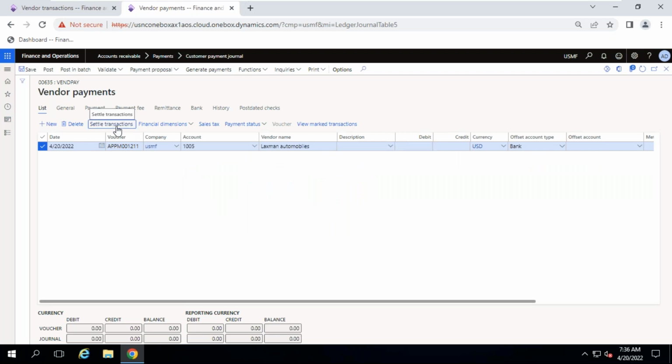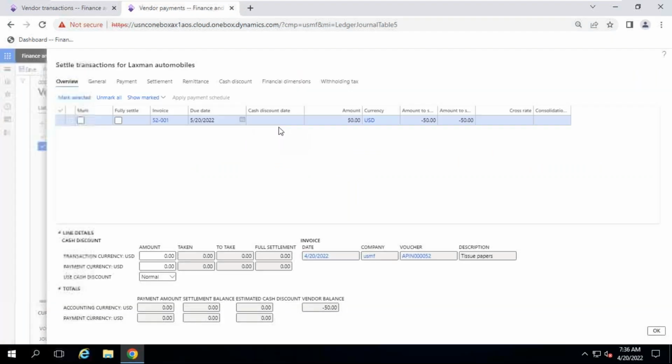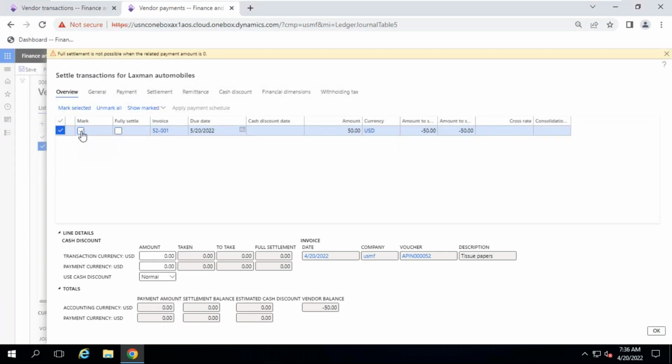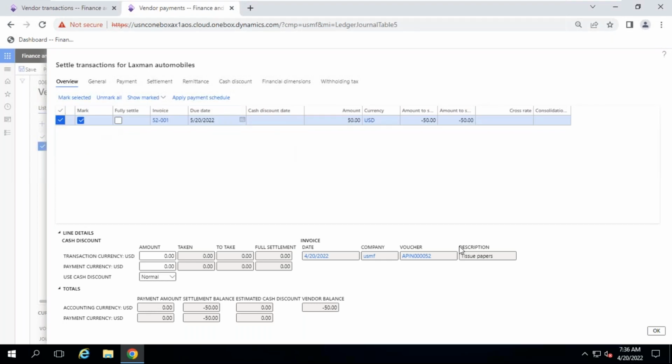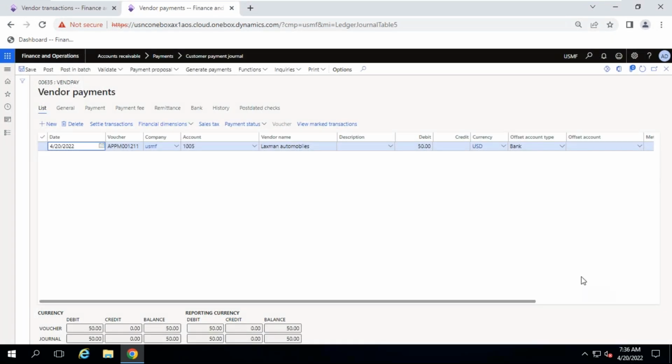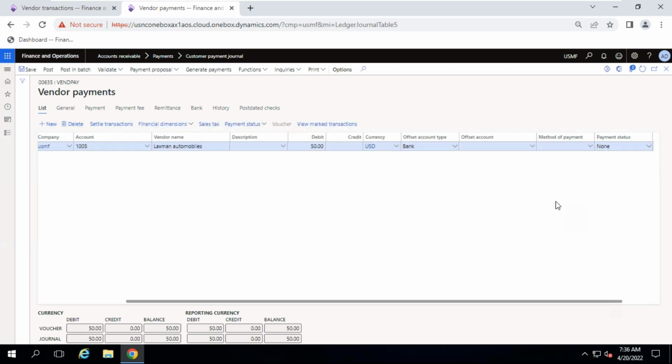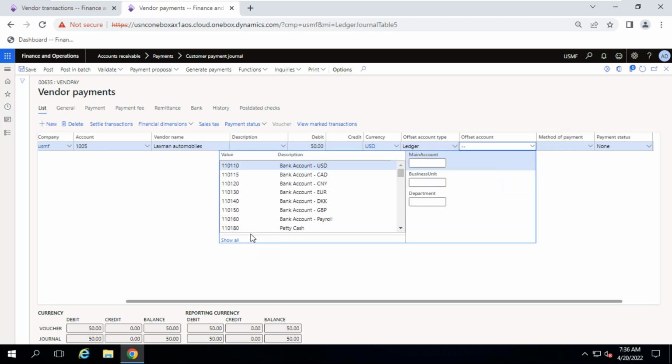Now you can click on settle transactions. The invoice, whatever was generated, will show you. You need to select it, click OK. Now I'm paying cash. Suppose, take the example, I'm paying cash, ledger cash, petty cash.